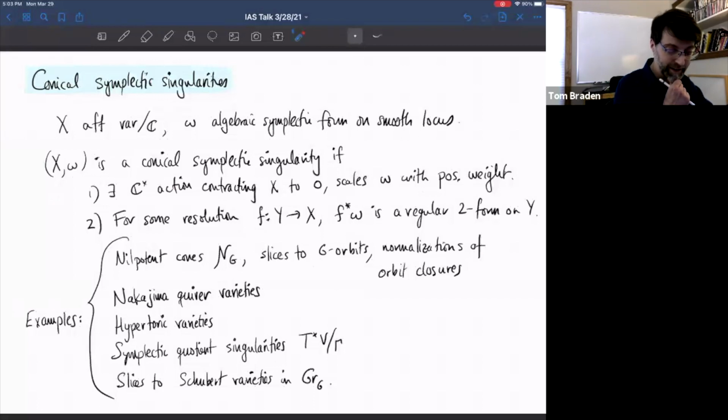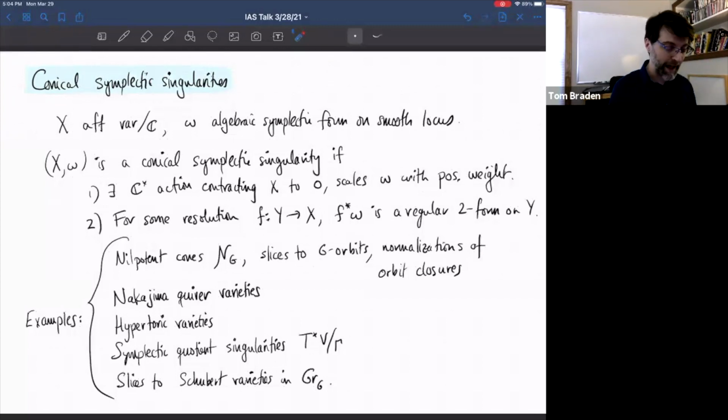Nakajima quiver varieties, and hypertoric varieties, which are going to be the main example that I'll talk about. You can take the quotient of a symplectic vector space, which you can think of as T star of a complex vector space, modulo a finite subgroup of symplectic morphisms. And you can take slices to Schubert varieties in the affine Grassmannian.